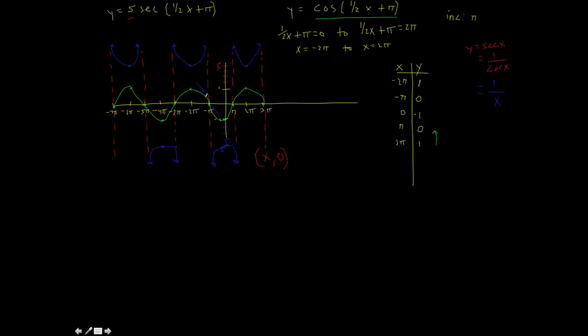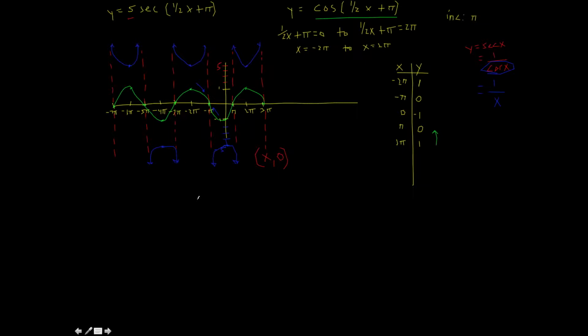But since we're dividing 1 by cosine, that essentially makes it exponentially bigger, which is why it shoots to positive infinity. As we go toward where cosine is 0 from the right-hand side, we're going from a negative position, so it gets bigger negatively, which is why we shoot toward negative infinity. Hopefully that makes sense to you. If not, there's a good example of that in your book, and feel free to ask me questions.